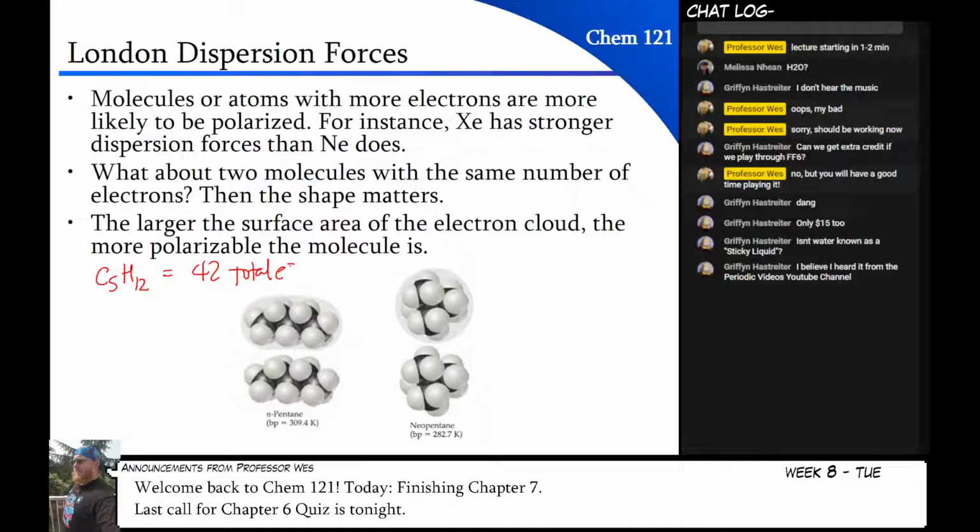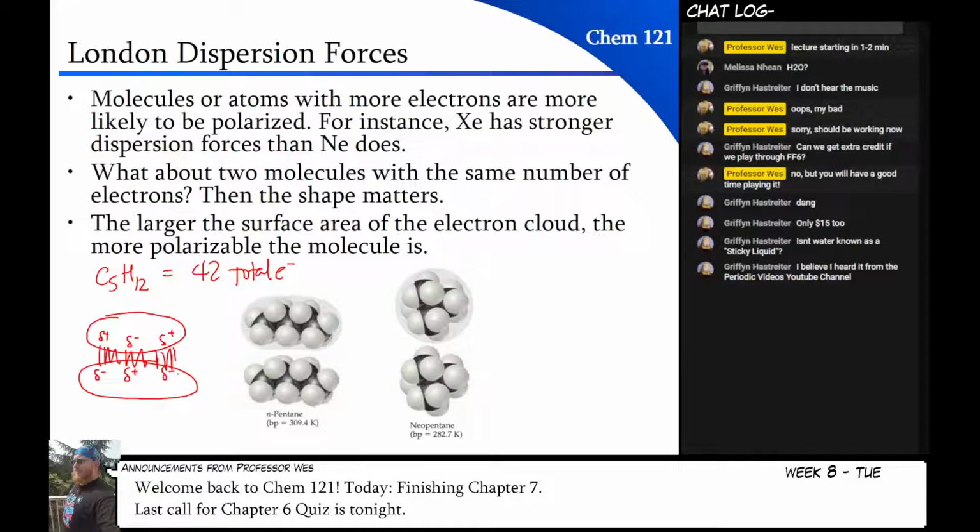If they have the same number of electrons, then they would have the same polarizability with regard to how many electrons are available to push around. And so they would probably have the same intermolecular forces, you would assume. But surface area also contributes. If I have molecules that are arranged in an oblong fashion, kind of like a hot dog here, and this is the region in which these two molecules can interact with each other, I could potentially put dispersion force interactions all along this.